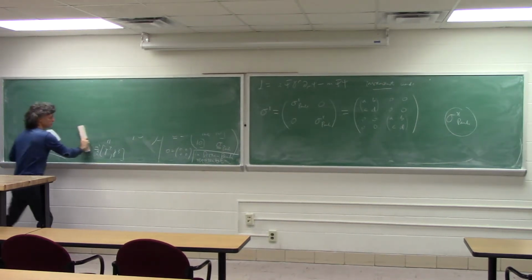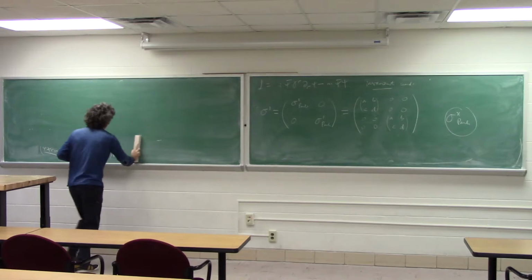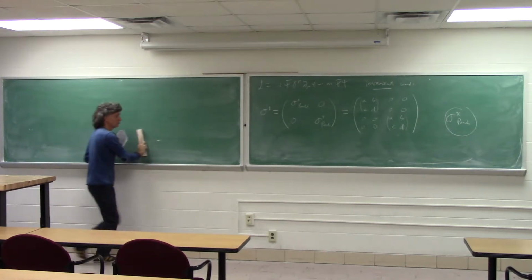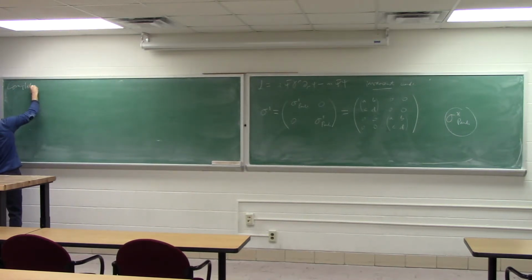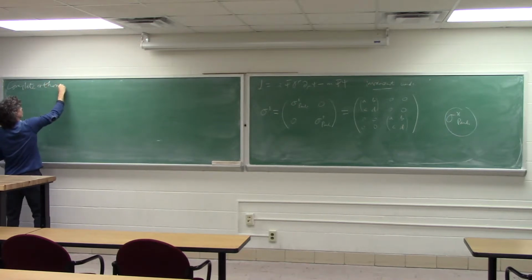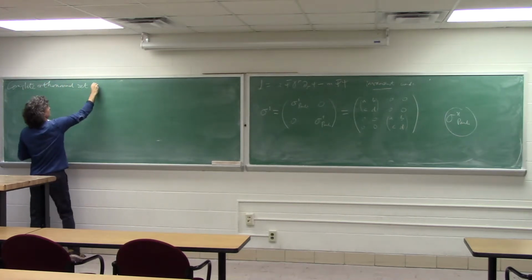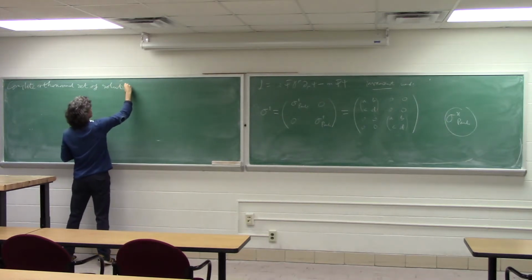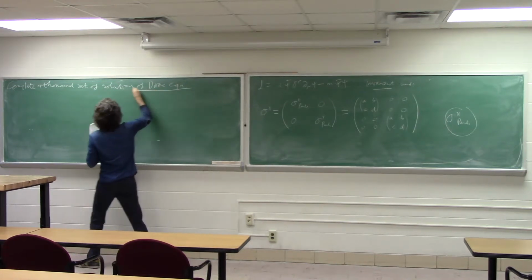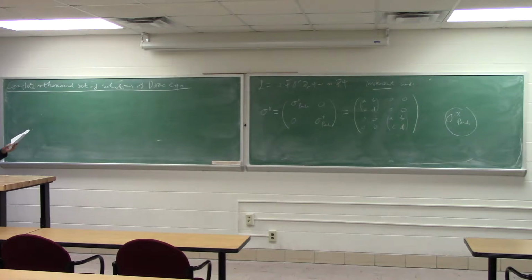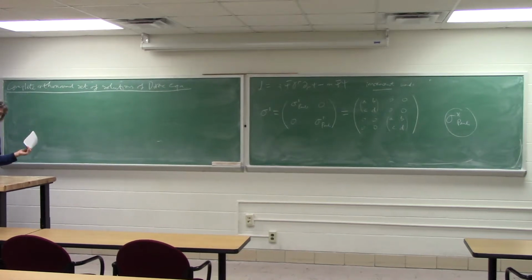There is the question of what the complete orthonormal set of solutions of the Dirac equation looks like. Here's what you really need to know. To quantize the field, we're going to expand the Dirac operator in terms of a complete orthonormal set of solutions. Here is a set of complete orthonormal solutions.